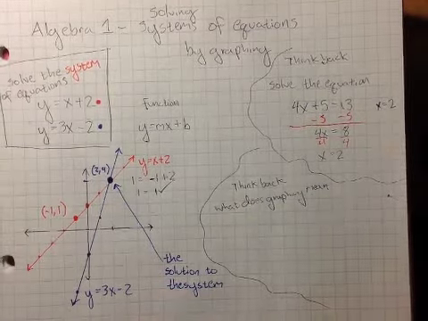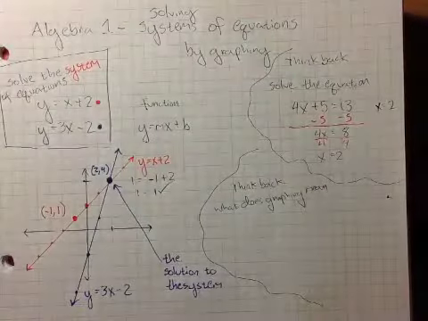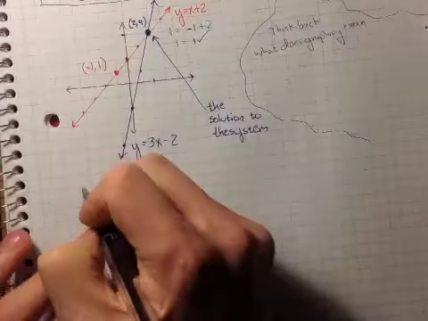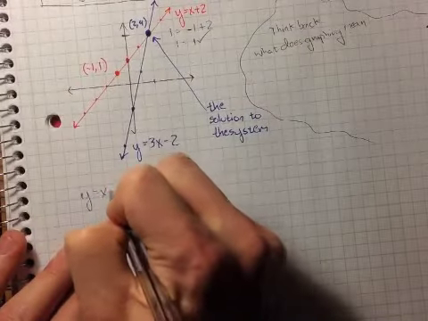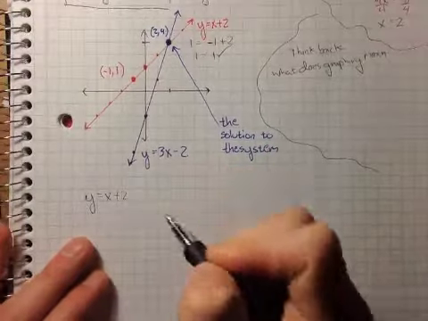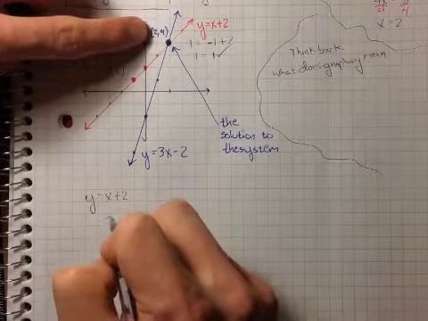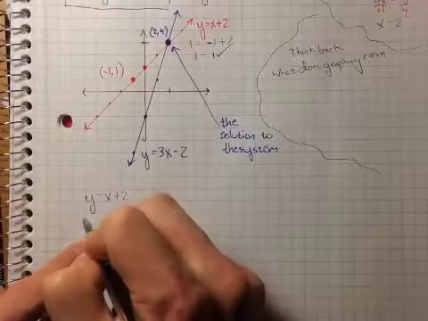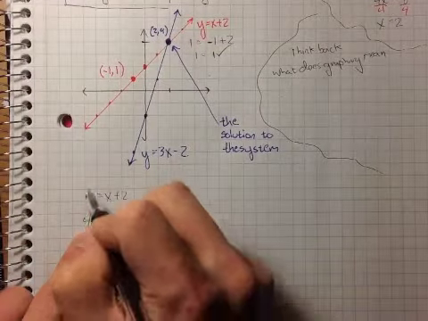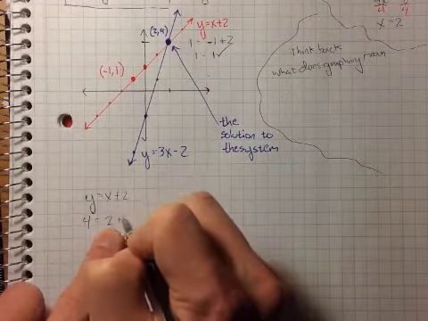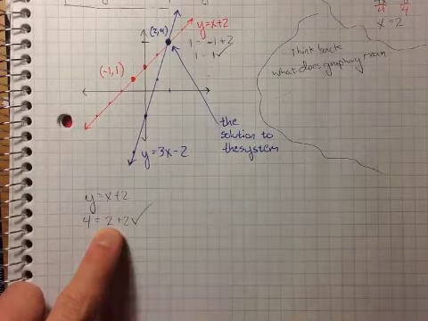Now let's just double check that. y equals x plus 2 was our first equation. If I stick in 2 for x and 4 for y, is it true that 4 equals 2 plus 2? Well, yeah, that's true.